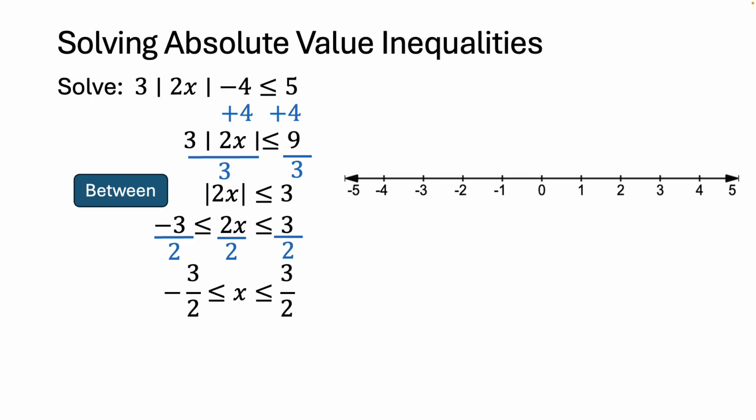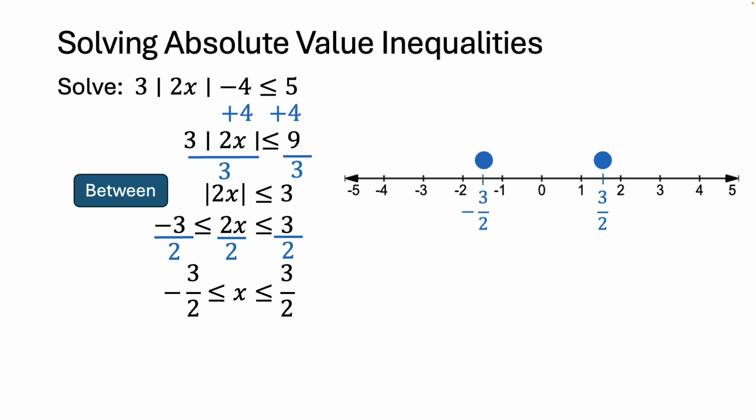Now let's go ahead and graph this on our number line. Let's start by plotting where -3/2 and +3/2 would be. -3/2 would be halfway between -1 and -2, and +3/2 would be halfway between 1 and 2. We're going to have a solid dot on both -3/2 and +3/2.